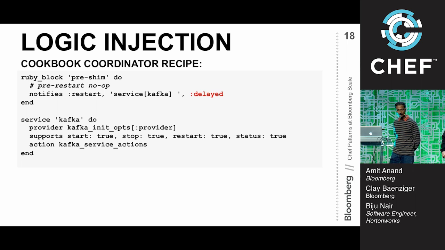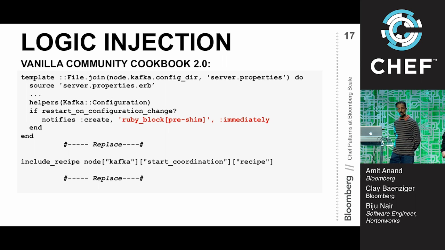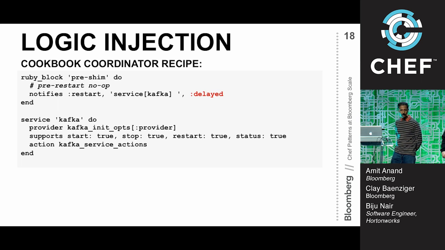Remember that the template resource is now doing an immediate notification, whereas in the original community cookbook recipe the template resource had the notification as delayed. Hope this gives a solution.